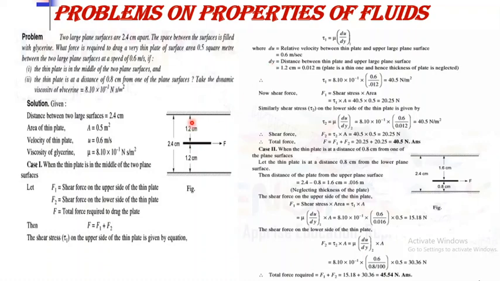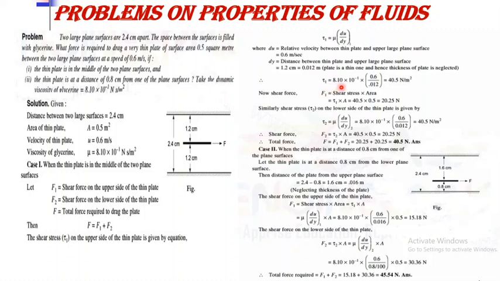For the top part, we have to consider the distance from the plate to the top surface, which is 1.2 centimeter. We have to convert that into meter, that is 0.012 meter.